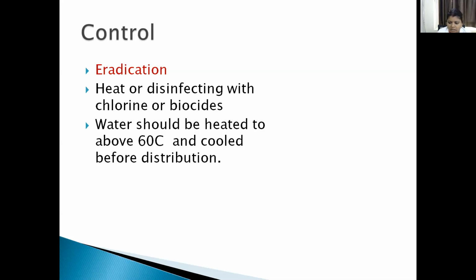Humans are only the sources of infection. It is widely distributed in nature, usually seen in cooled temperature areas or mud. This completes Legionella pneumophila.